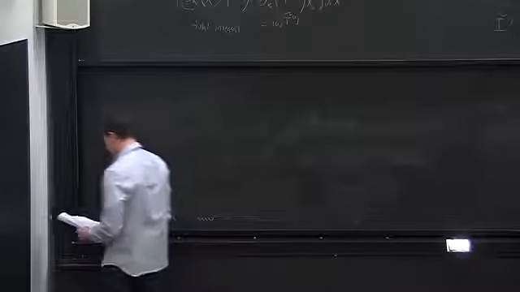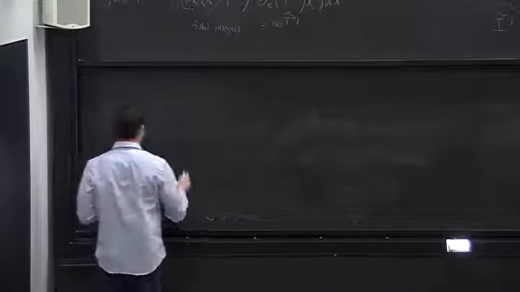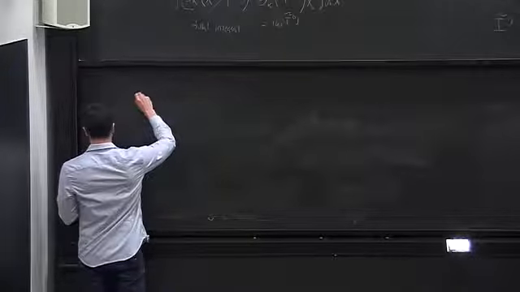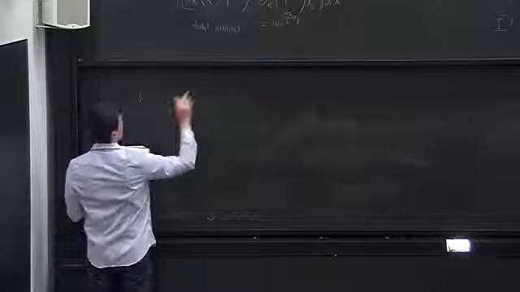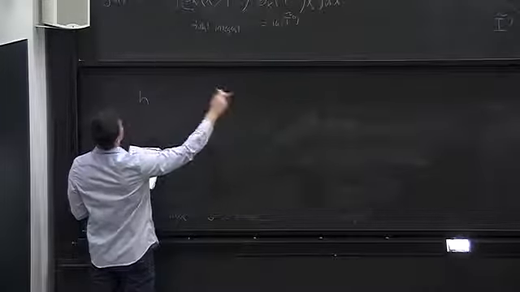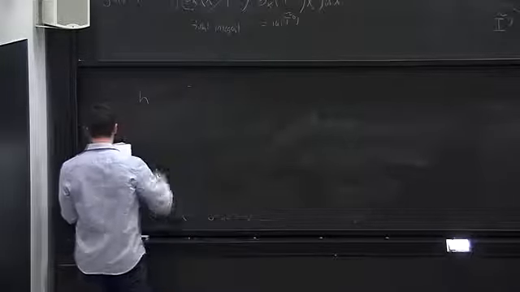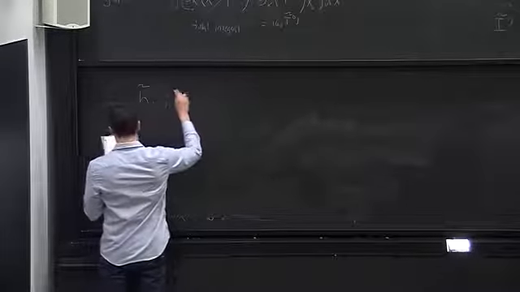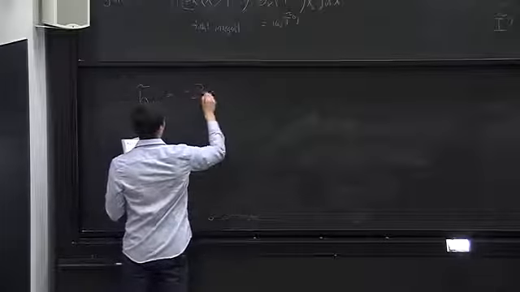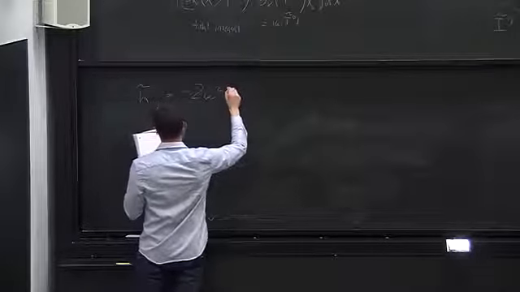Alright, so just to summarize, if we plug in this part of the integral we just calculated here into the formula at the top, we get the following in Fourier space.